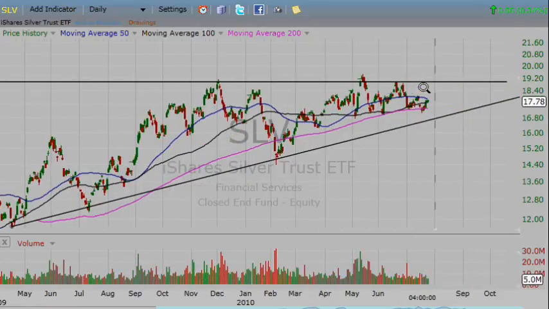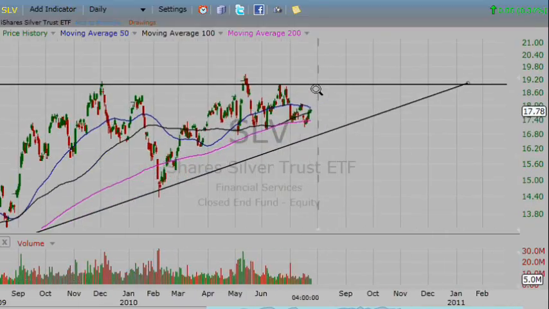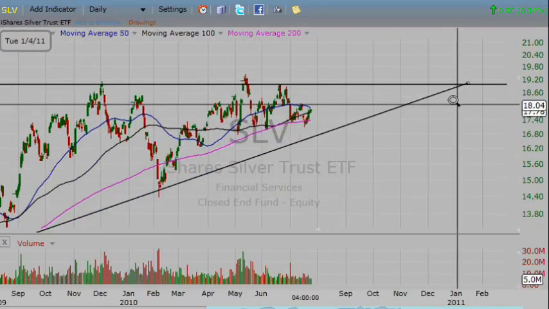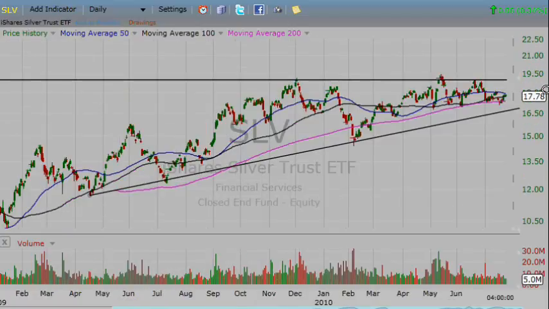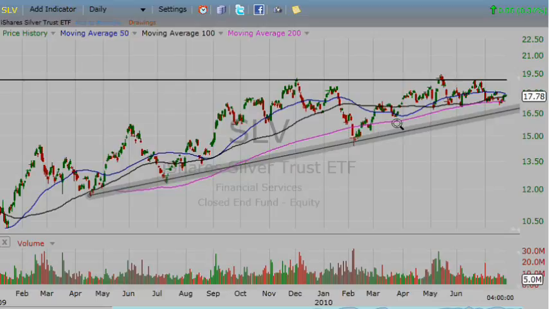That means this comes to a conclusion pretty much at the end of the year, and you'd expect it to break either to the upside or the downside. Usually these patterns resolve themselves in the direction of the current trend. Right now the current trend is higher. So that's an interesting little chart.